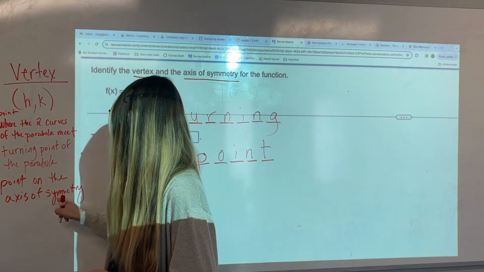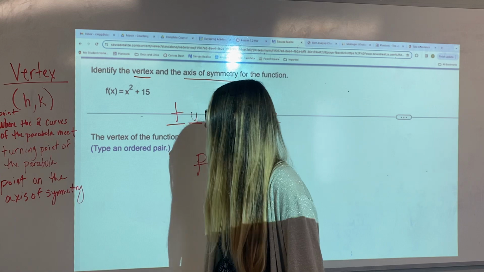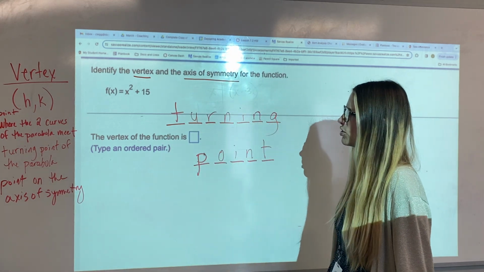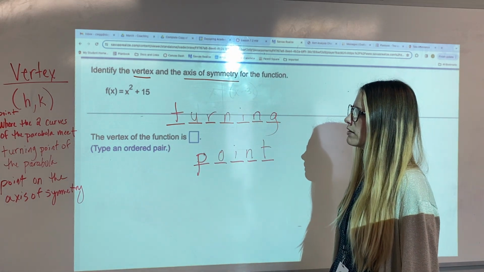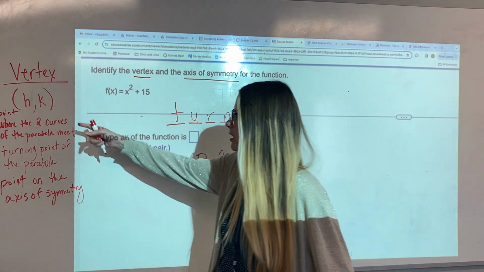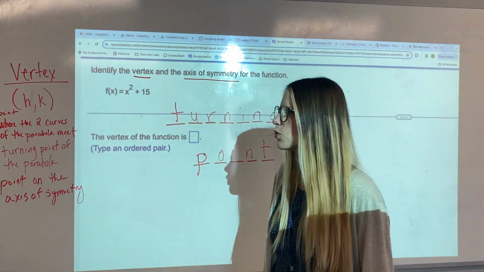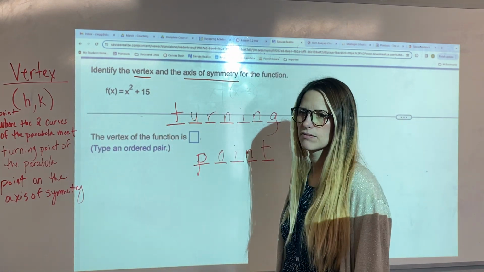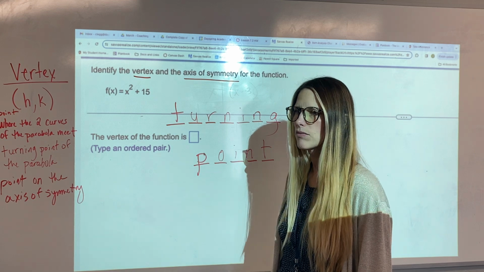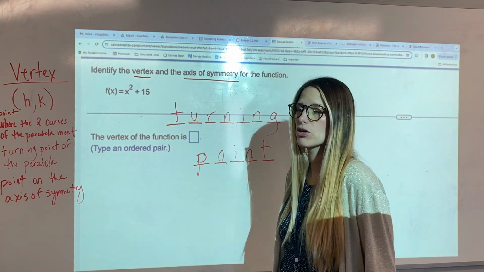The axis of symmetry. So we really described four ways, including the h, k, four ways to describe the vertex of a parabola. All of them are correct.